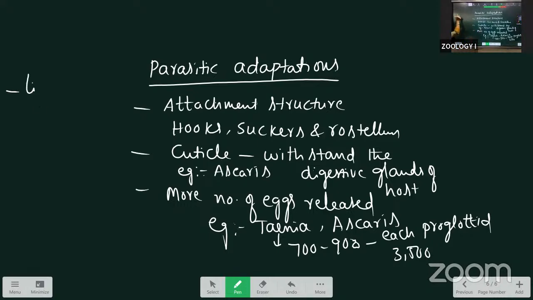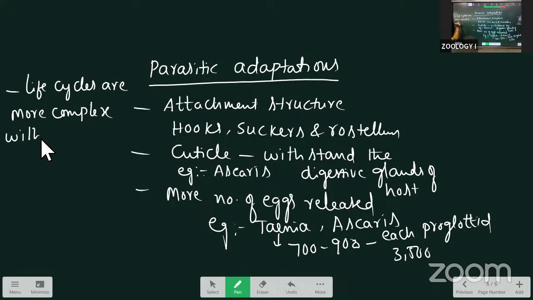Life cycles are more complex with several larval forms.